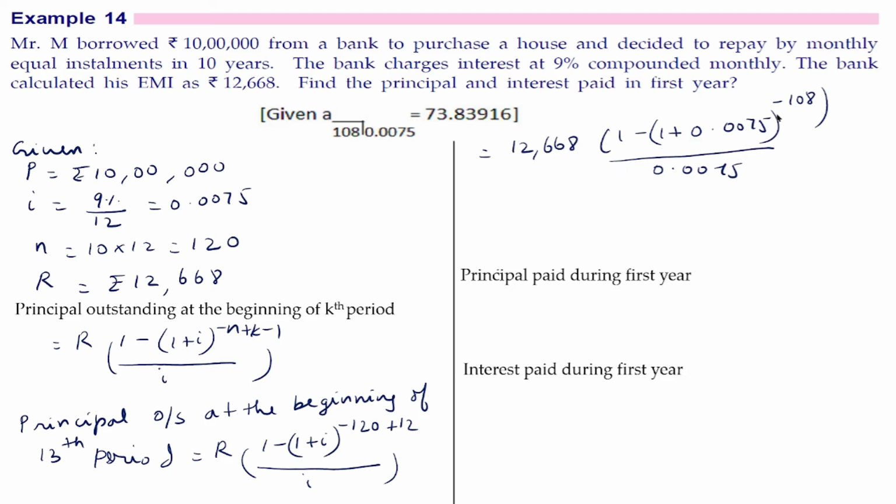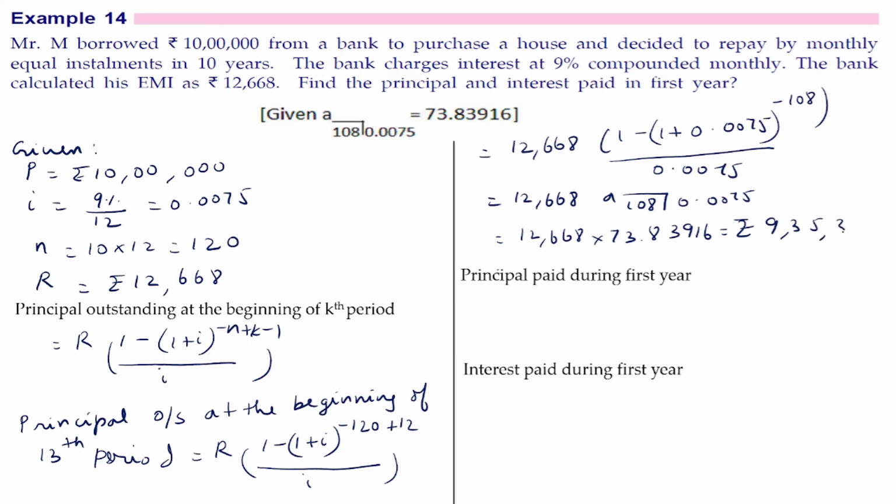It is the present value annuity factor for 108 number of periods, and rate per period is 0.0075. So this is given here. So this is equal to 12,668 into 73.83916. Now when we simplify, we get this as approximately equal to rupees 9,35,395.